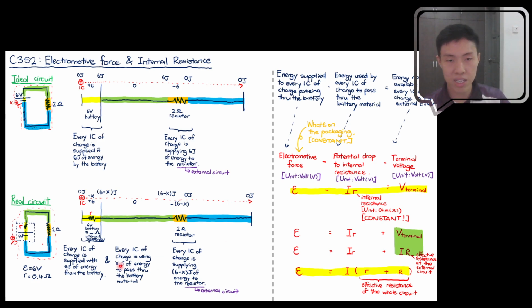So I plug in 6 over here, 0.4 as small r, and 2 as the big R. If I go through the calculation, it will be 6 divided by 2.4, right? 6 divided by 2.4, you get 2.5. That means the current will be equal to 2.5. So there will be a current of 2.5 amperes flowing through the circuit.